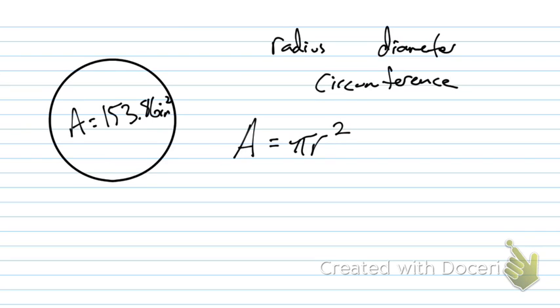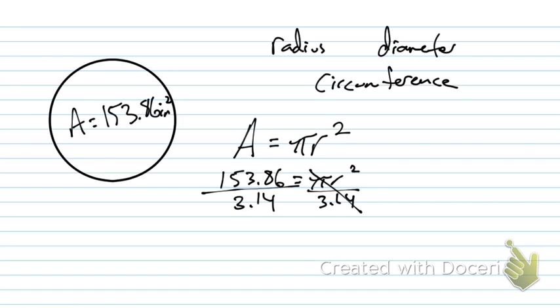So if I know the area, I can put the area in for area. All right? Now, we know how to do algebra, so we want to isolate the variable r. So how do I get rid of times pi? You divide by pi. I'm going to divide by 3.14 in this case.